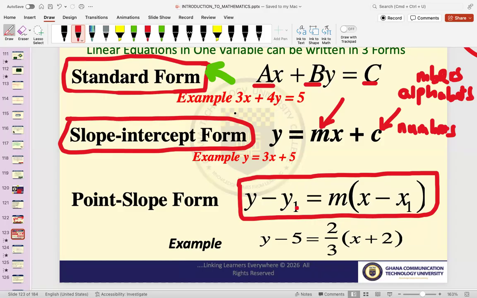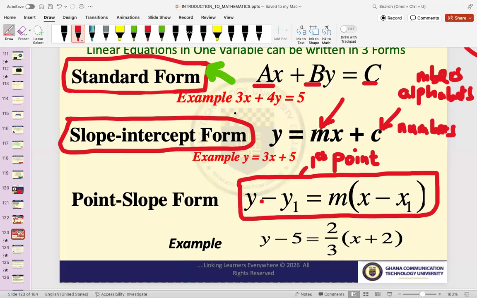The 1 here means first point. So y1 means the first point of y, is equal to m into x minus x1.